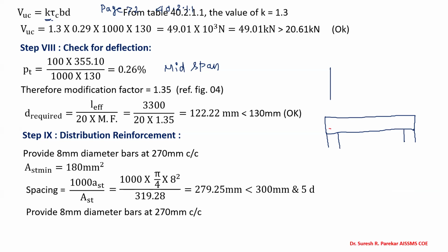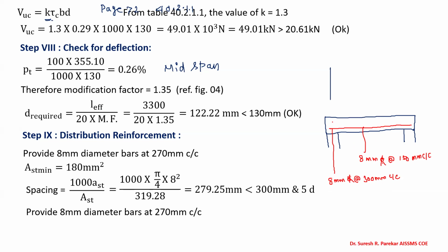So we have main reinforcement that is at bottom, and we got this value 8 mm tor at 150. So at support, we have reduced it 50%. So it is 8 mm tor at 300 mm center to center.